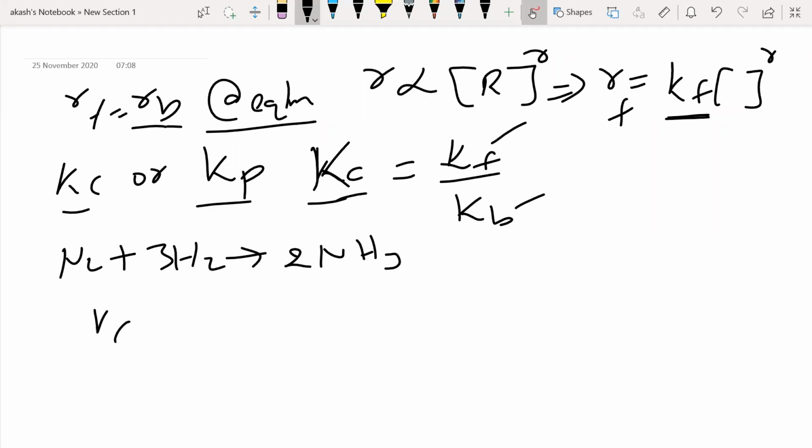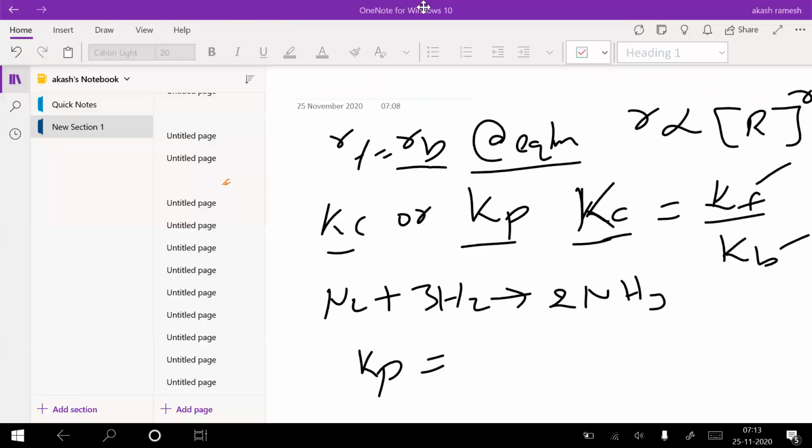How will you write Kp, because these are gaseous reactions? So how will you write Kp for this? Let me ask, maybe Rahul. Can you help me out? How will you write the Kp for this reaction?